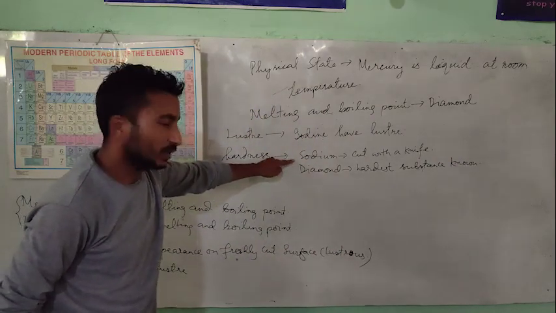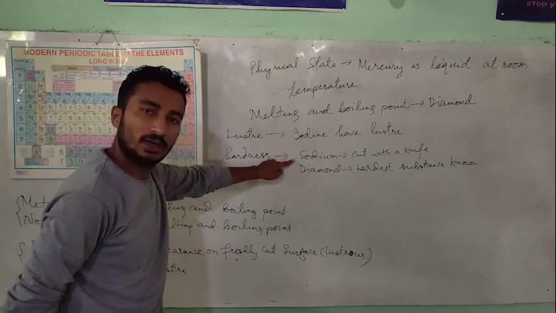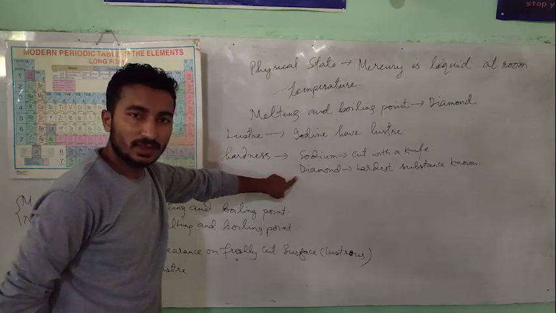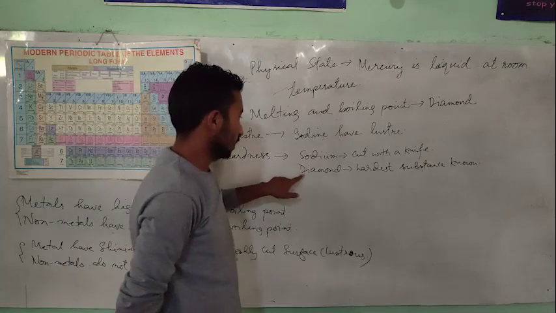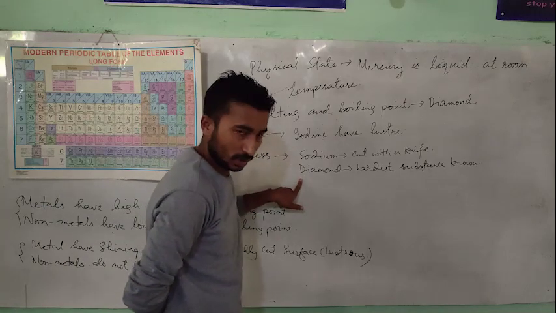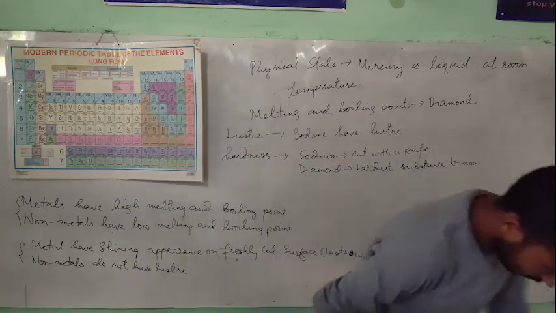Sodium can be easily cut with a knife, that means sodium is not hard. And diamond is a non-metal made of carbon, and it is the hardest substance known on Earth.